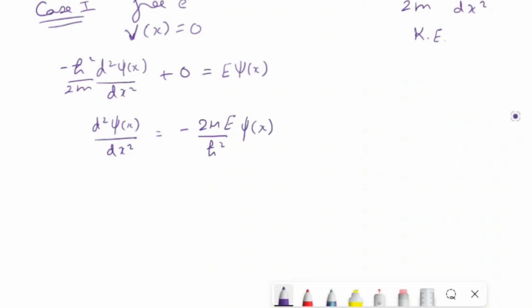what this equation is showing is that a double differentiation of a function comes out with that function itself again, with some constant, which means that the solution of this equation will have a trigonometric form.